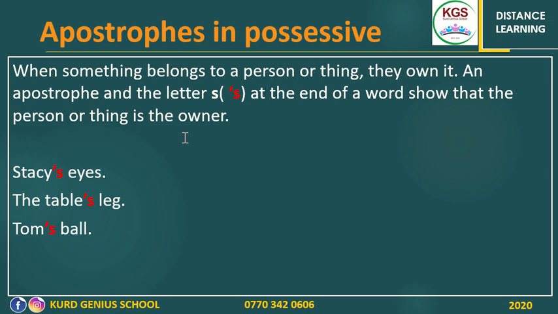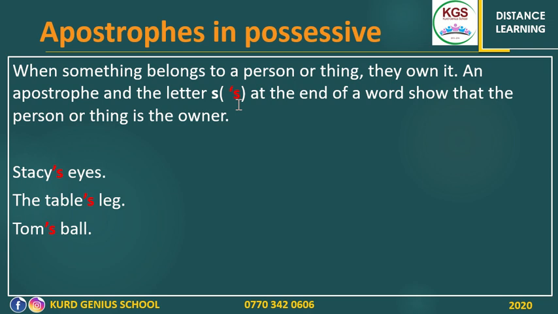So when something belongs to a person or thing, it means someone has something. When you want to refer this thing to the owner of the thing, you put an apostrophe and the letter S at the end of the word to show that the person or the thing is the owner.